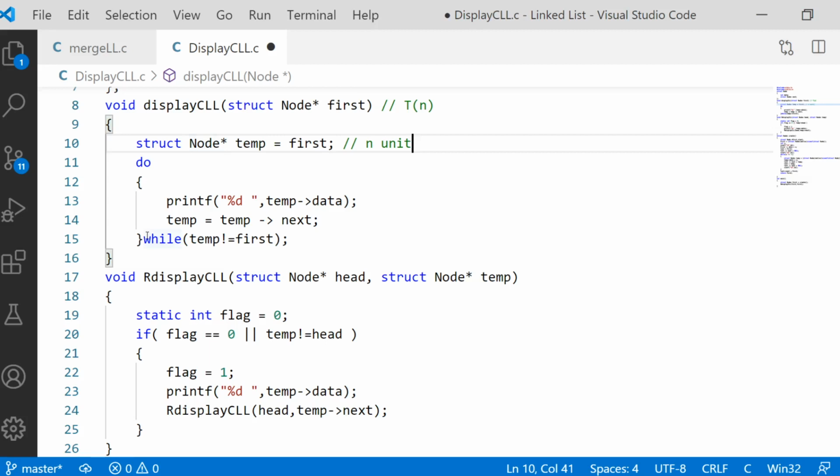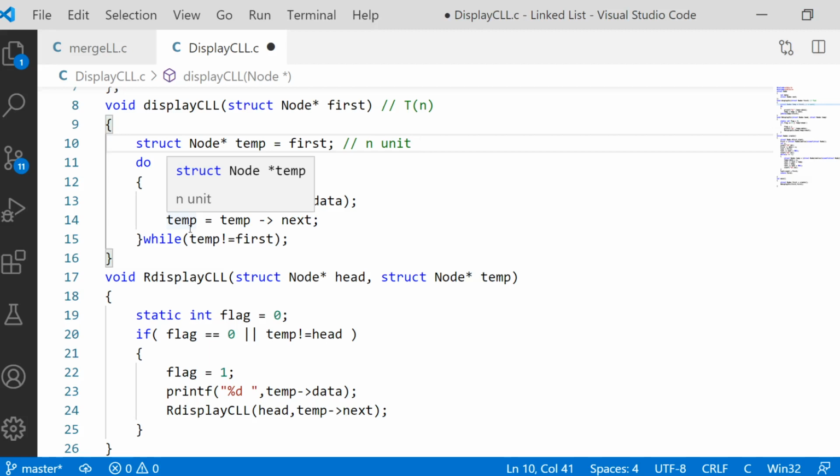Then coming here to the do block, it will not be executed for only one time, it will be executed more number of times because it is like a loop. So how many times will this do be executed? That's a question. For the first node it will be executed once. Let us consider that we have 5 nodes.